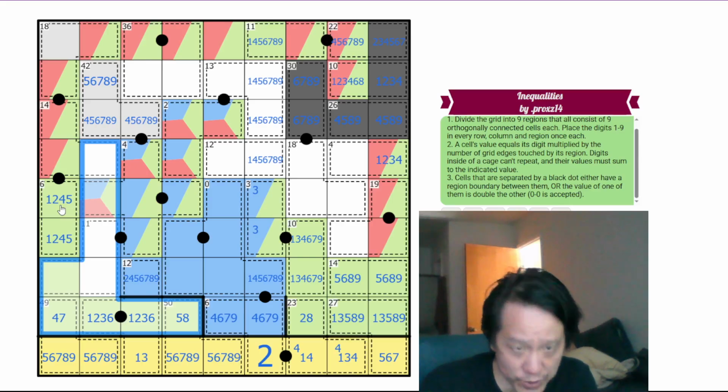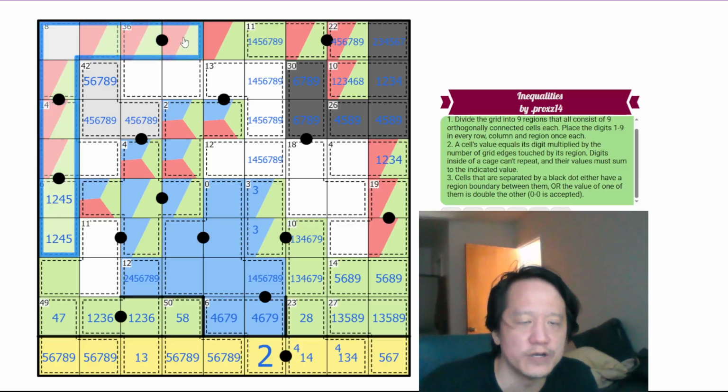So the problem with that is that this cannot go this way, because then this would be touching 2 regions. But we know this can't be touching 2 regions, because this must also be... well, we have all sorts of problems with that. 1, 2, 3, 4, 5, 6, 7, 8, 9, right? We tried, I think, this, and that didn't work either.